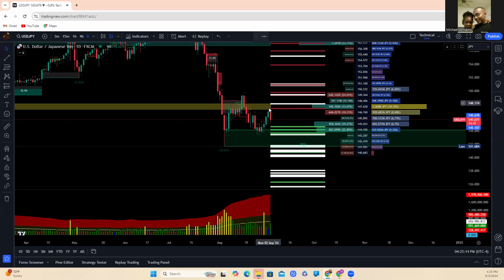No wonder price rejected from this area. That's again what gave me additional verification and confluence that this down move was something to pay attention to.